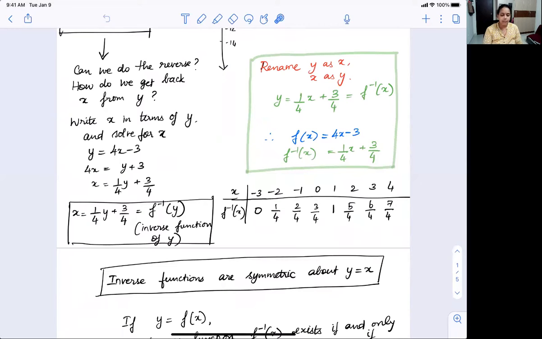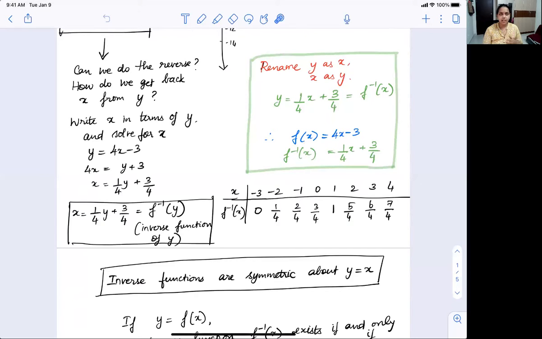So now I get y is equal to 1 by 4x plus 3 by 4, and I'm calling that f inverse of x. Remember that we started off with f of x is 4x minus 3, and we have now found the inverse function, which is 1 by 4x plus 3 by 4.